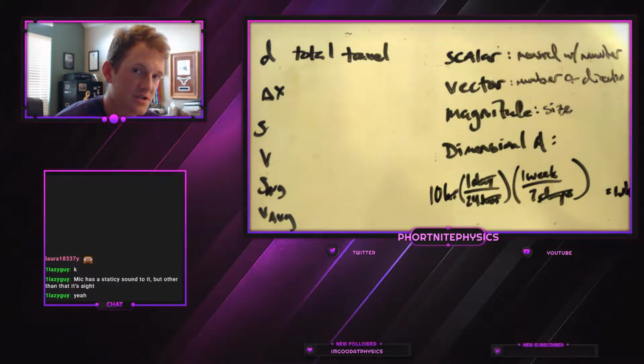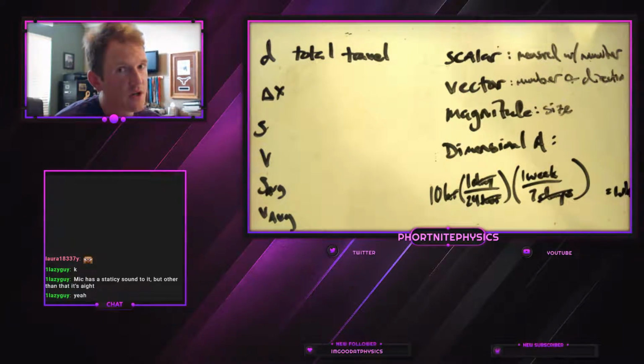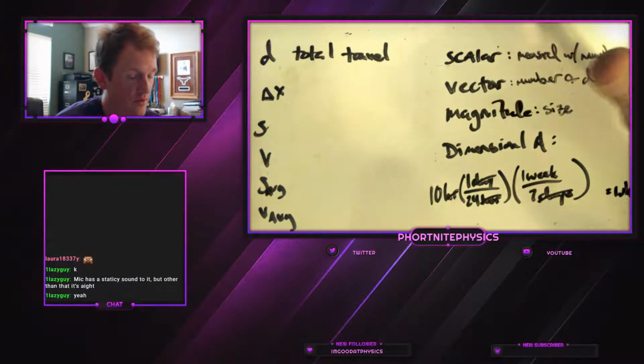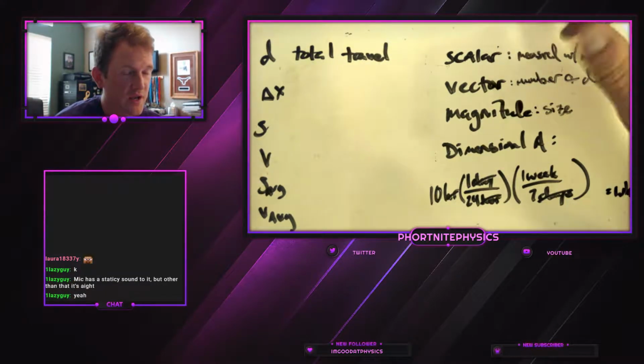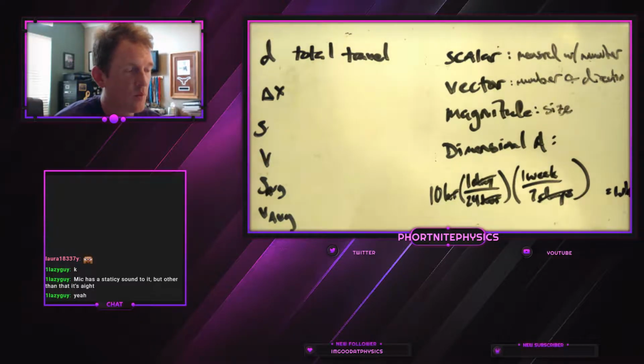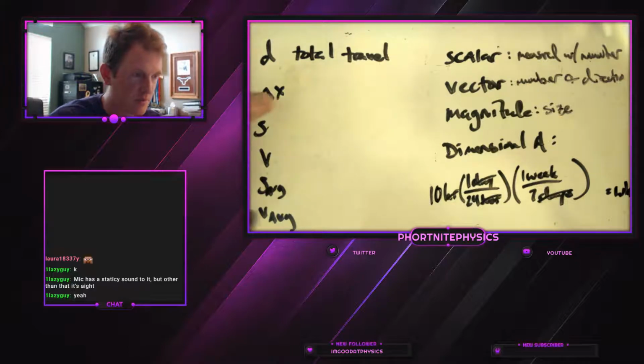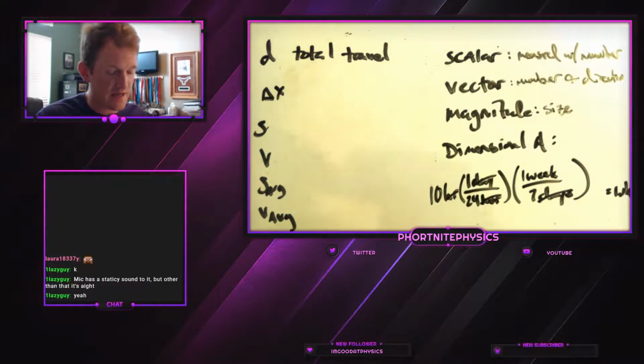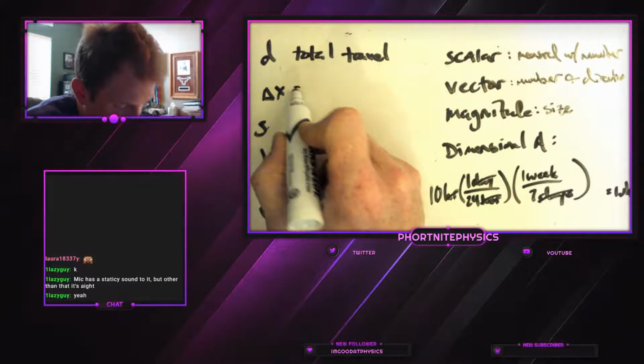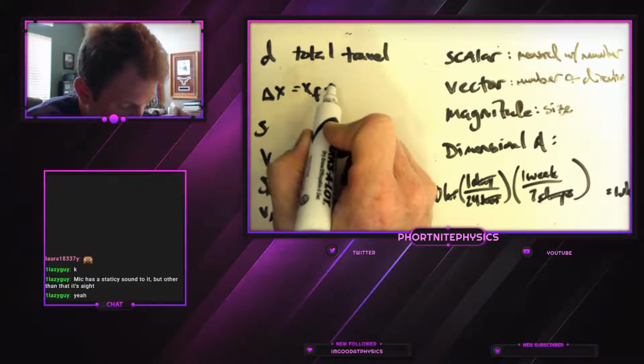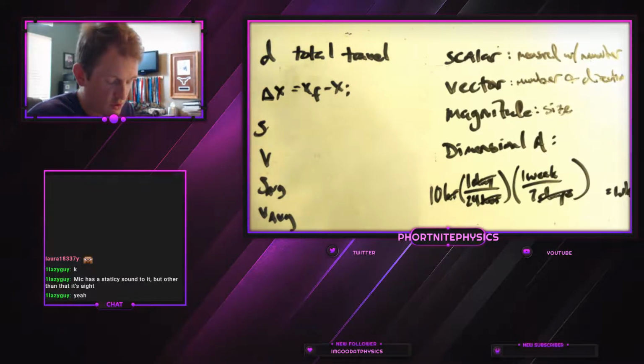Now, we talked about position a second ago, and position is where you are in relation to the origin, just how far you are, 3 meters away, 4 meters away. It's a thing that happens at whatever point you're looking at it. Okay. Now, displacement, or delta x, can be represented as your final position minus your initial position.